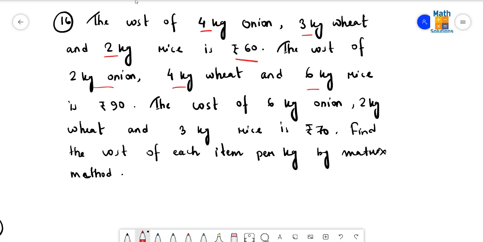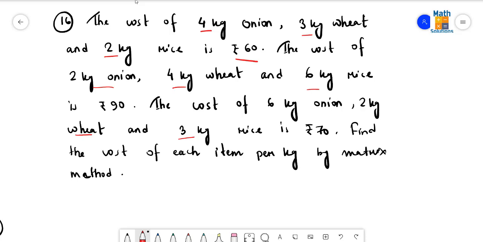Similarly, the last sentence: 6 kg onion means 6x, 2 kg wheat means 2y, and 3 kg rice will be 3z, which is equal to 70. Find the cost of each item per kg by matrix method.